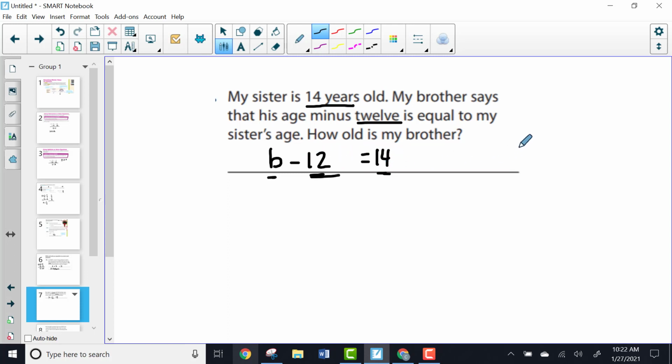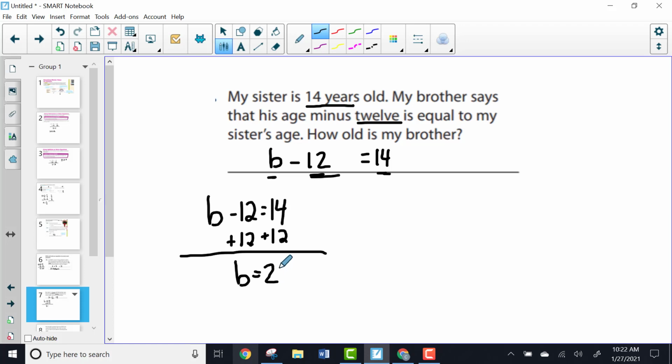Now a way to solve the equation, as simple as B minus 12 equals 14, we do the addition property of equality. Negative 12, positive 12 eliminates 12 altogether. We have B equals, and then we have 14 plus 12 is 26.